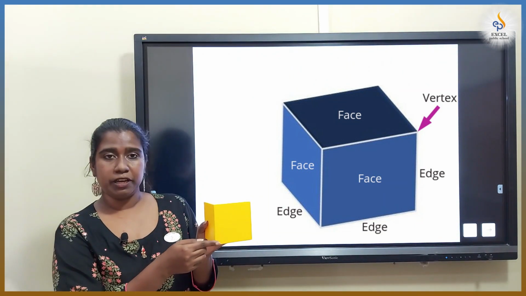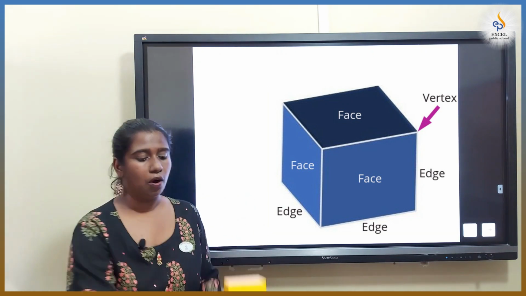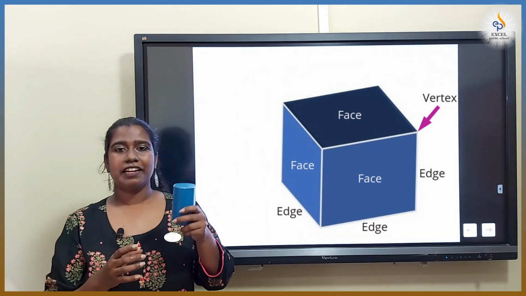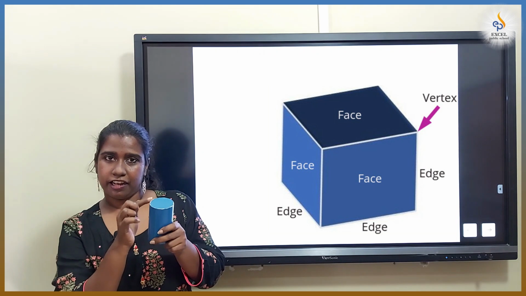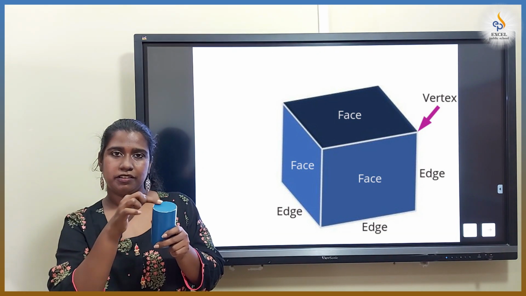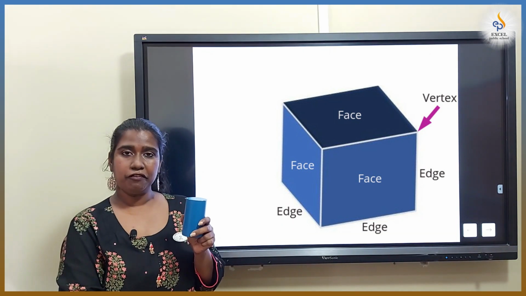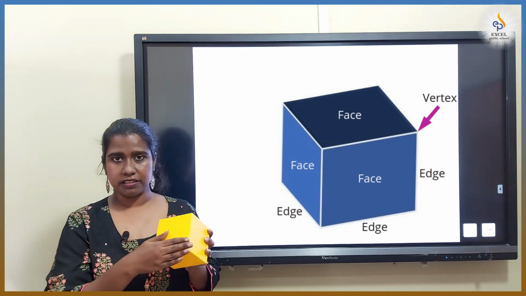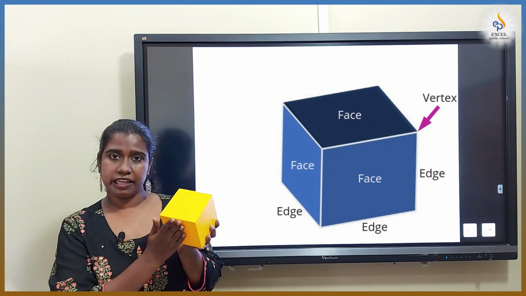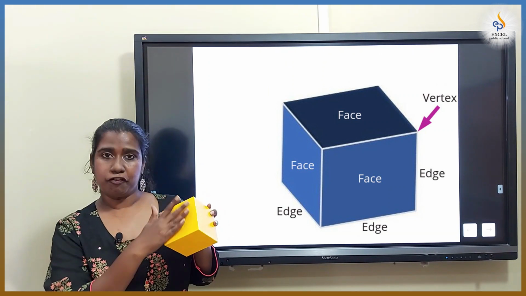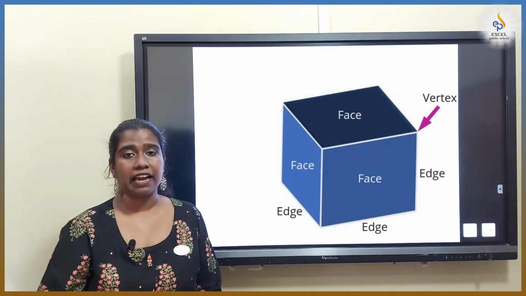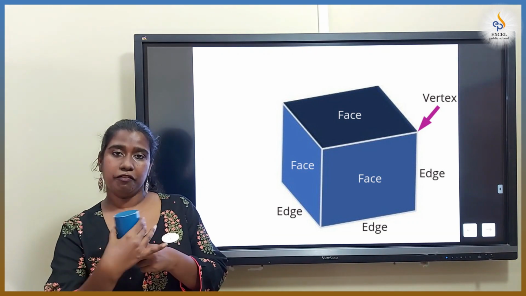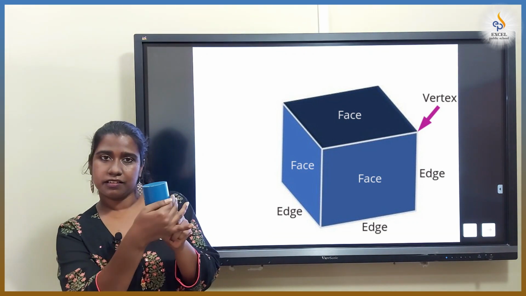An edge can be a straight edge or it can be a curved edge. Now, what do you mean by faces? Faces means the flat surfaces which are there in a 3D shape. It can be flat or it can also be a curved face like this.